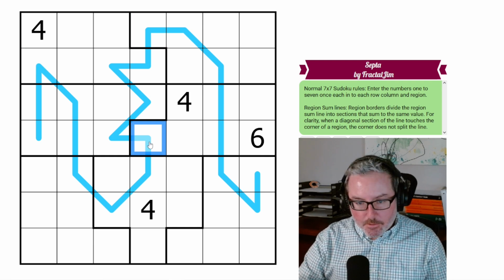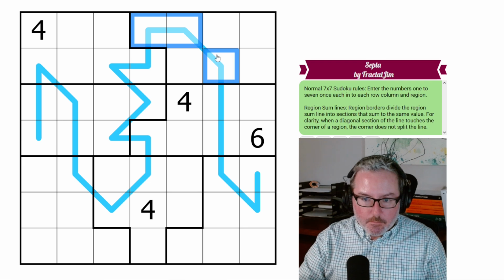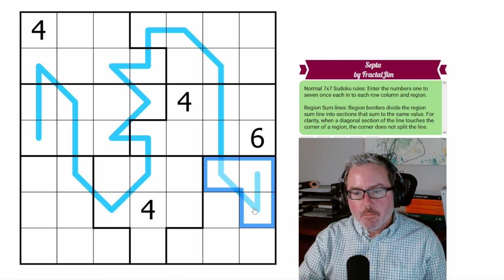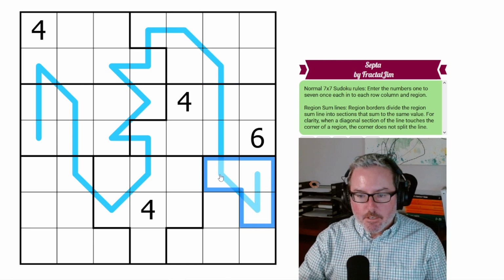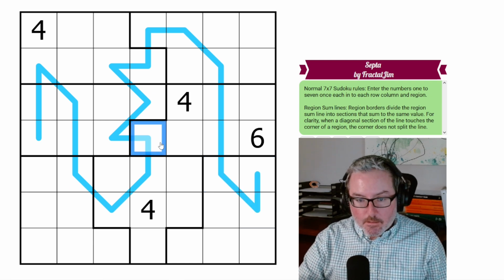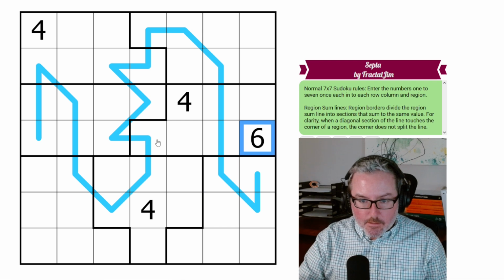So in this instance, we do have that, and we have 3 here and 3 here. Those are the only 3s, it looks like, but what that means is the bare minimum that we put onto these 3-cell region sum lines is 1, 2, 3, which is 6. And since this guy's sitting right here and it sees a 6, there's no way this can be a 6, so this must be actually a 7.